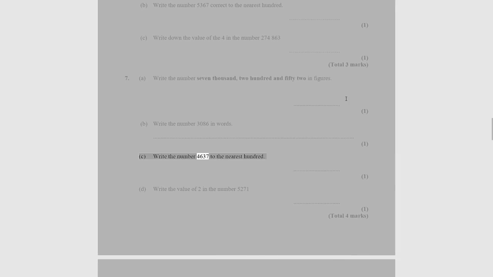Write the number 4,637 to the nearest hundred. 7d. Write the value of 2 in the number 5,271. Total 4 marks.